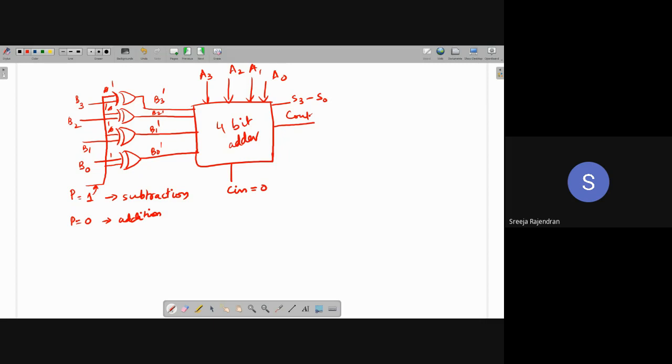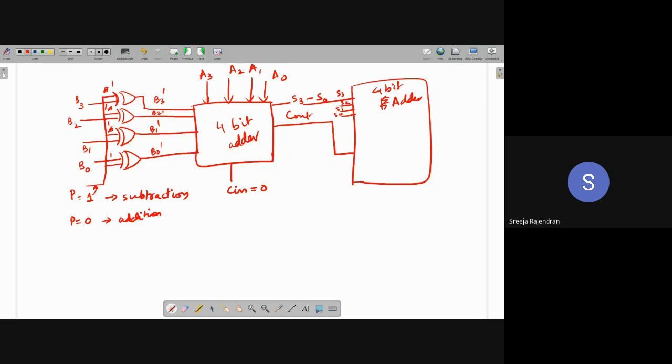So what I do, I can have one more adder, only for the LSB. I can have a full adder again, or a 4-bit adder again. And I give it S3, S2, S1, S0, and this carry out should be given to my LSB, right?